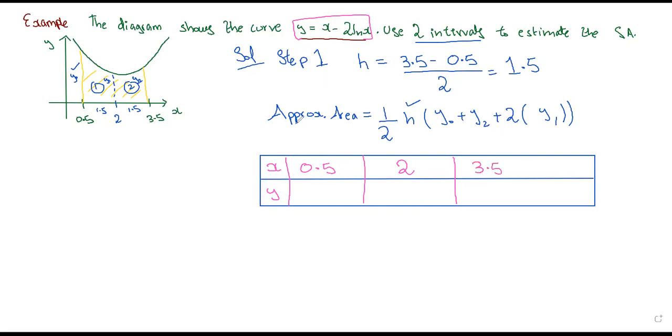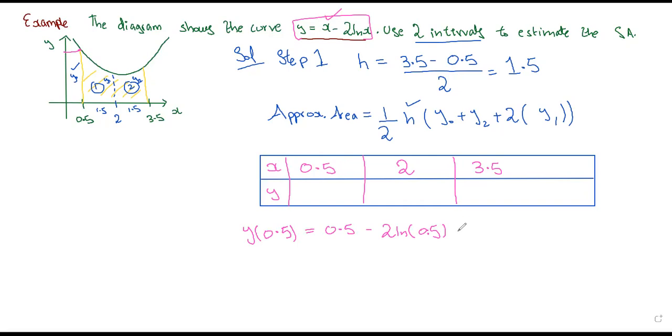Okay, now we need to find the y at 0.5. The y at 0.5 would be 0.5 minus 2 ln 0.5. How? I have used this equation. Excellent.